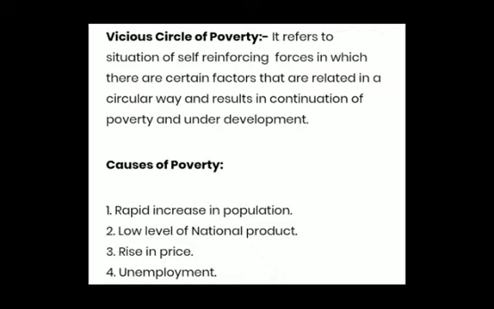Vicious circle means a chain of cause effect relationship where a particular factor becomes the cause of a problem and a consequence is generated, which in turn becomes a cause for some other problem.